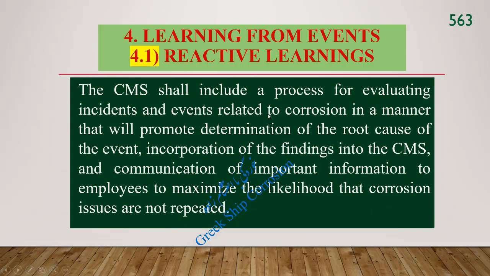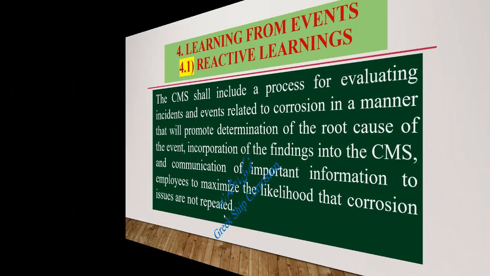Reactive learnings. The CMS shall include a process for evaluating incidents and events related to corrosion in a manner that will promote determination of the root cause of the event, incorporation of the findings into the CMS, and communication of important information to employees to maximize the likelihood that corrosion issues are not repeated.